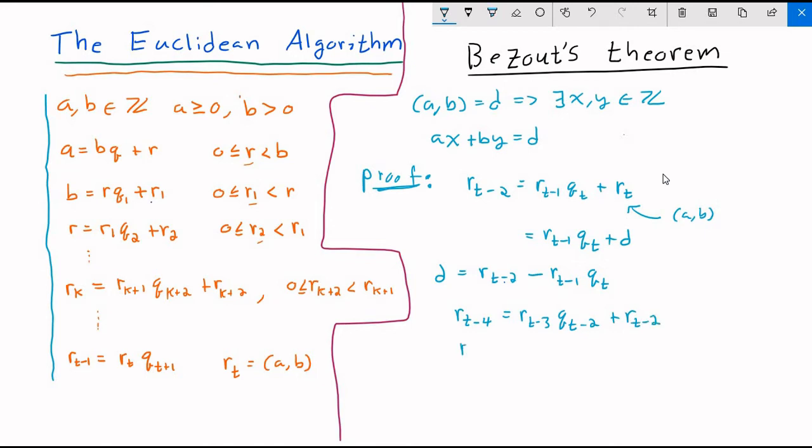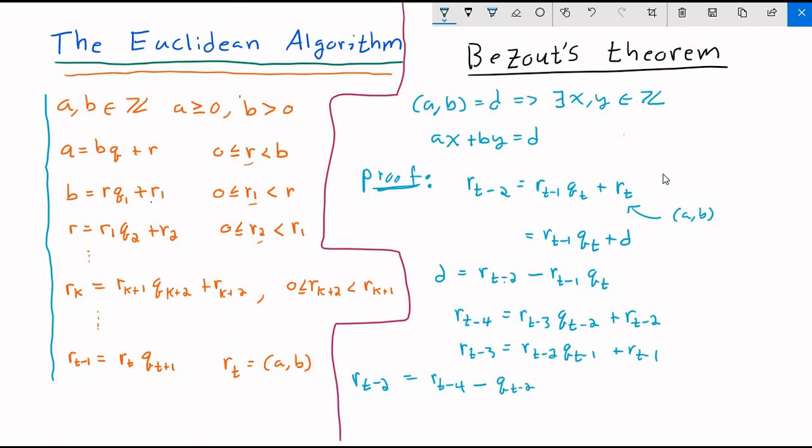And I can write r t minus 2 as r t minus 3 multiplied by q t minus 1 plus r t minus 1.